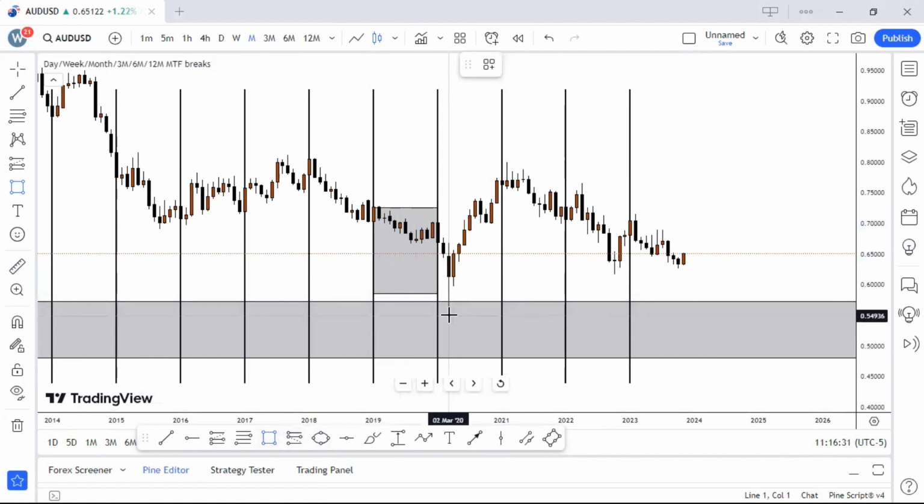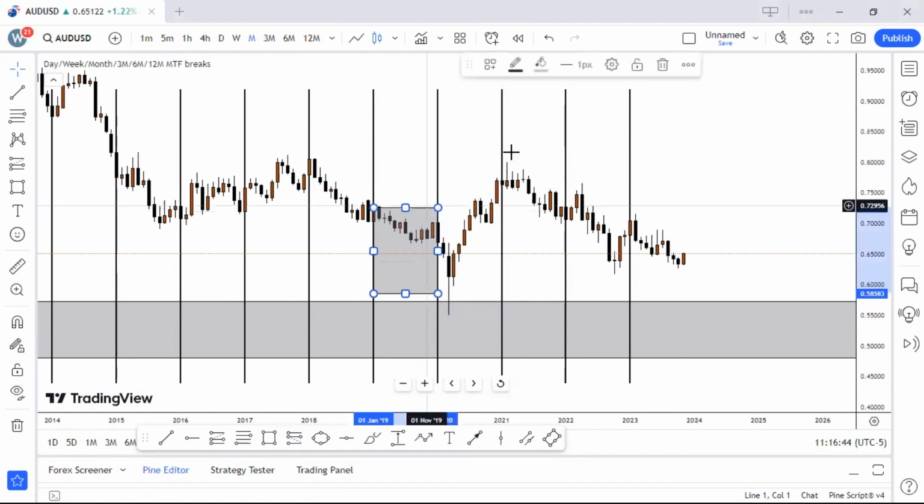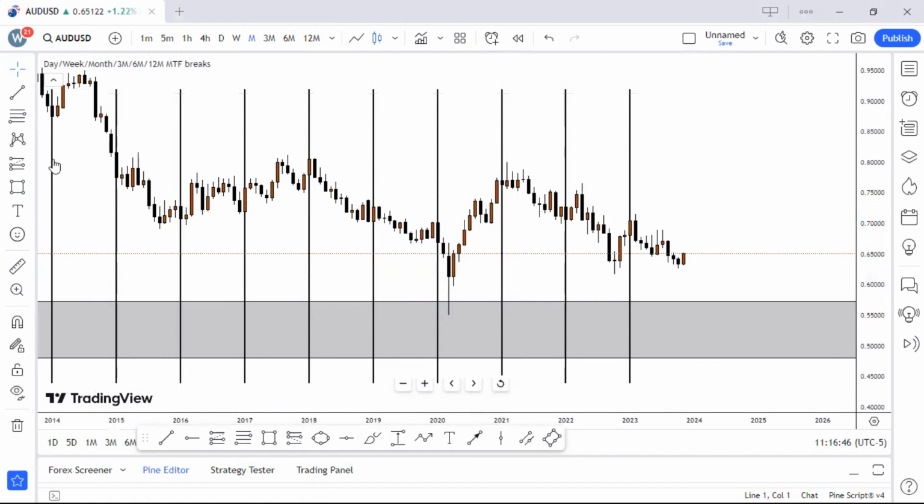This is another year. Another year. Meaning that this yearly candle here made a low and this one completed it.